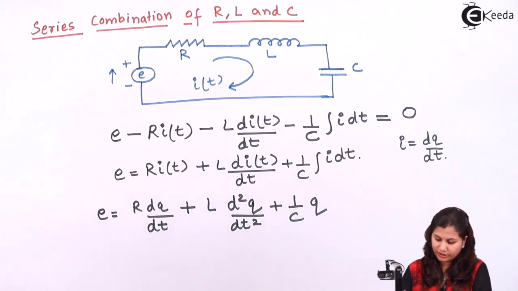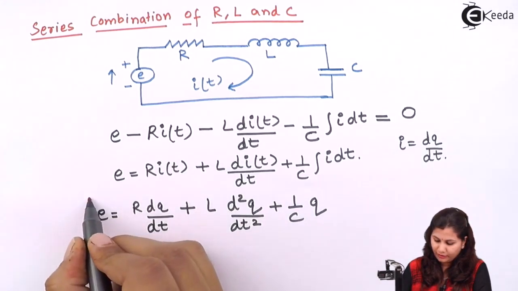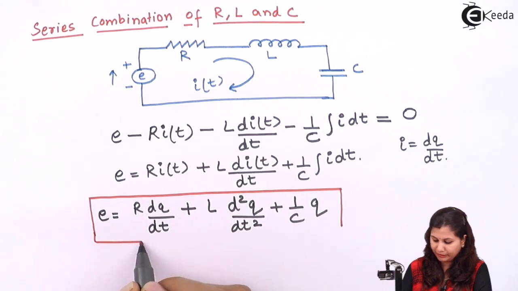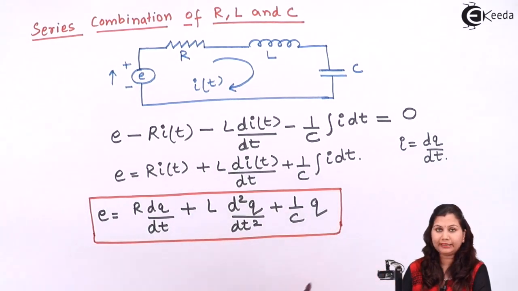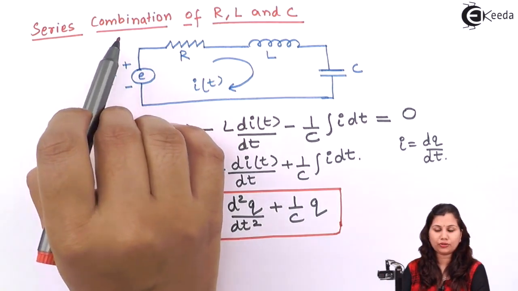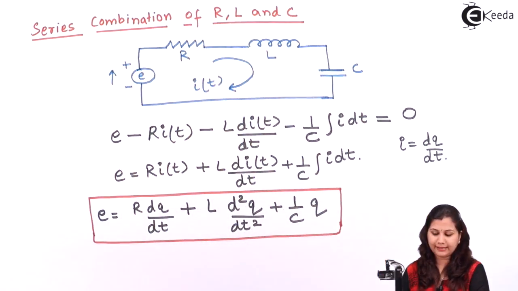Okay, so this is the final equation, or we can say that it is the mathematical model of an electrical system which is having the series combination of R, L and C.